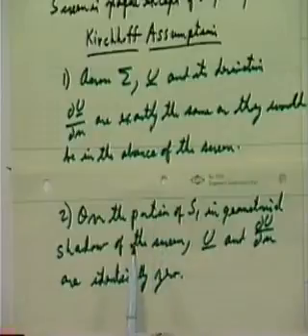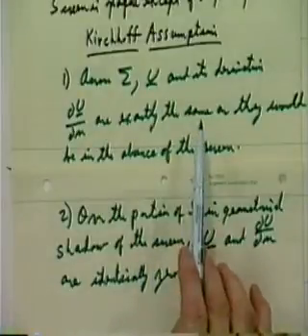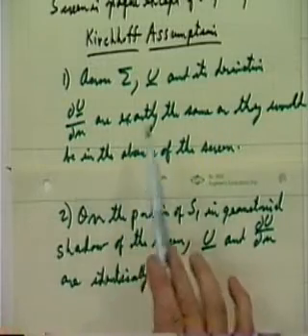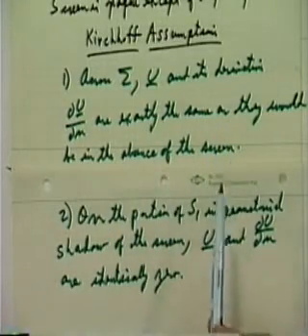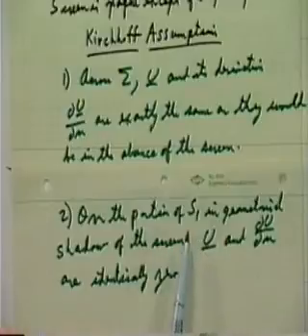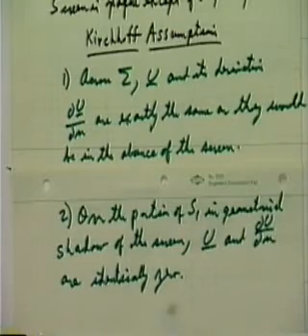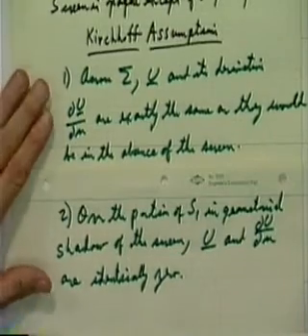So we're saying that over the open portion of the screen, u and its derivative, partial u with respect to n, are the same as they would be if we did not have a screen present. Over the portion of S1 in the geometrical shadow of the screen, u and partial u with respect to n are equal to 0.